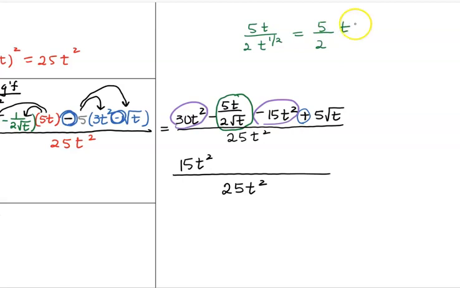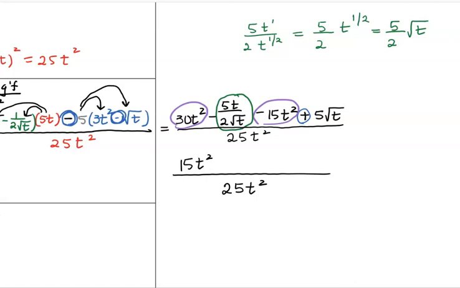The new exponent on t is 1/2 because I did 1 minus 1/2 to leave me with 1/2. So we have 5 over 2 multiplied by the square root of t. That square root of t is in the numerator because 1 minus 1/2 came out positive.